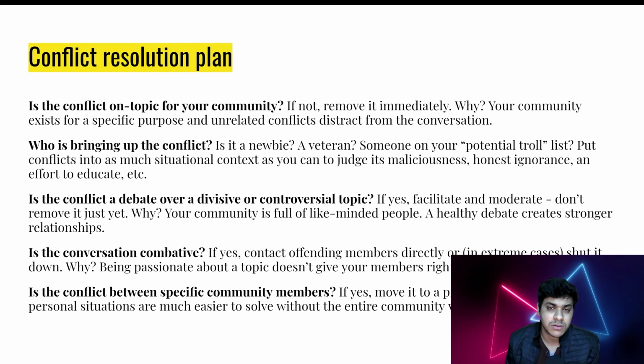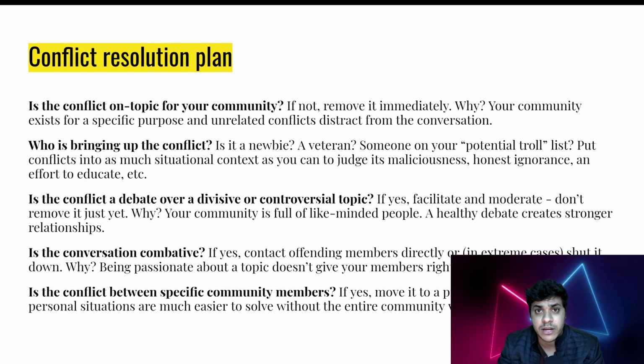But if that is allowed in your community and there's no problem, make sure that you facilitate and moderate these discussions. Don't just remove it just yet, because people are all kinds of people. Everyone thinks differently. Some people might actually like having political or religious discussions. Just saying that we don't have any discussions like this, they might think you are showing a tough hand.